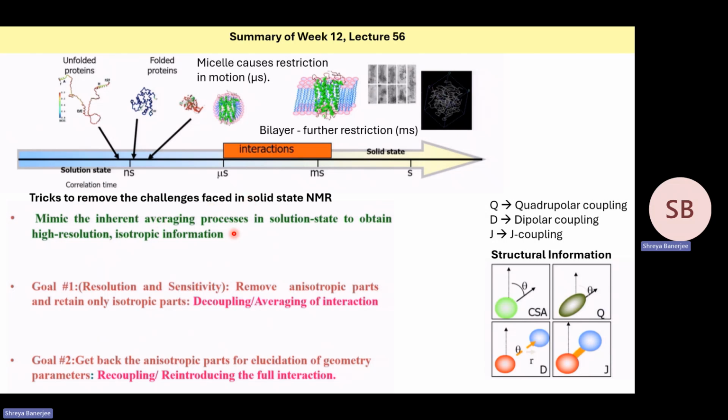So somehow if we can mimic that in solid state, we will be able to obtain high resolution spectra in solid state NMR also. To do this, there are mainly two goals. Firstly, we have to remove the anisotropic part and retain only the isotropic part.